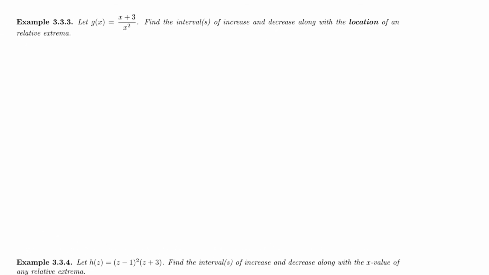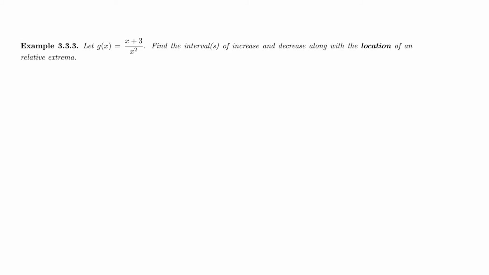So let's look at another example. We're going to look at x plus 3 over x squared. Something I want to note right away: this is a rational function. And we know things about rational functions, about the way that they're shaped. What happens at the places where the denominator is 0?